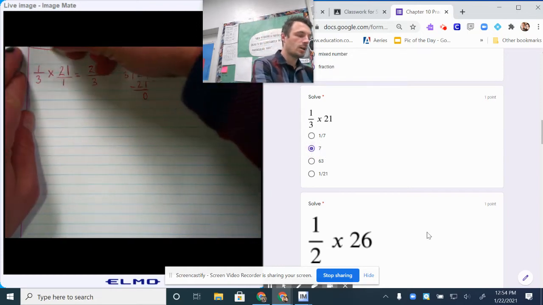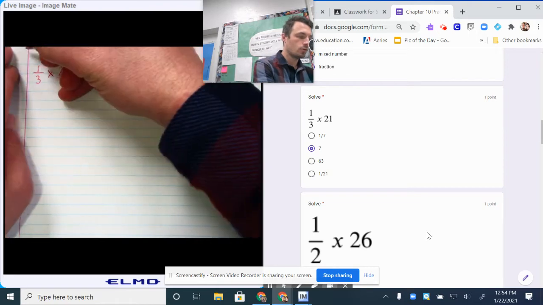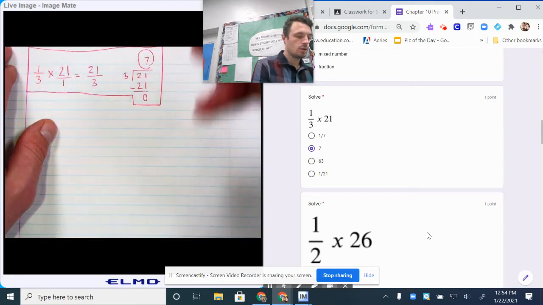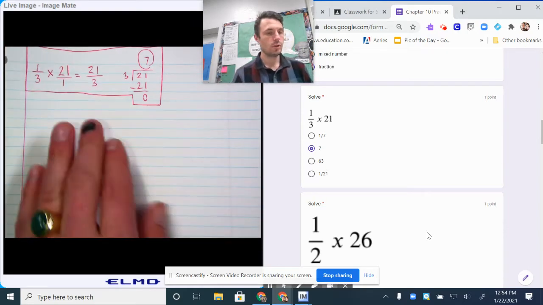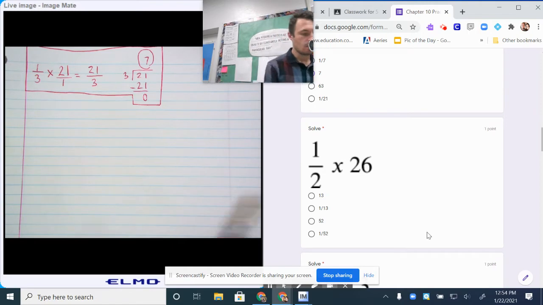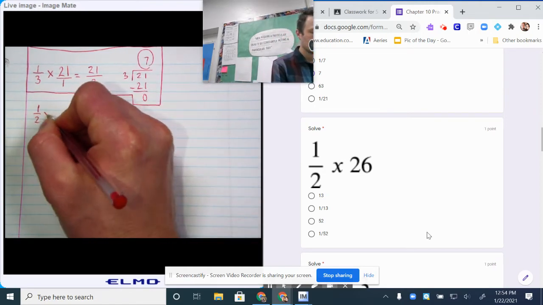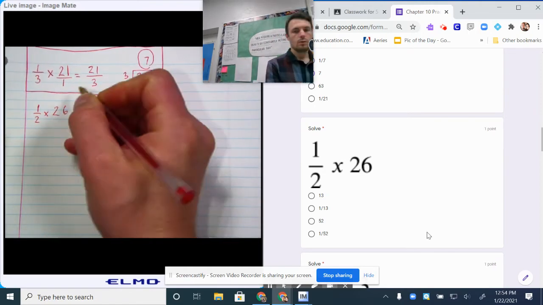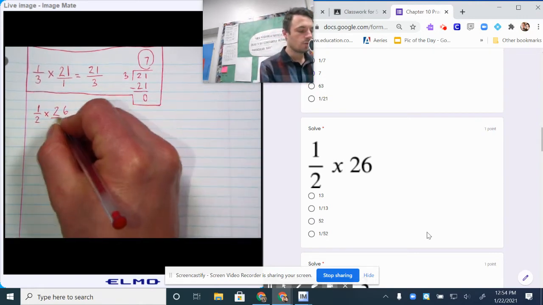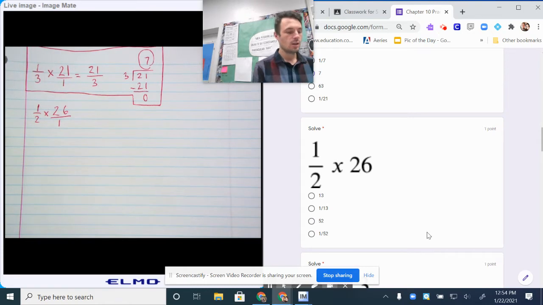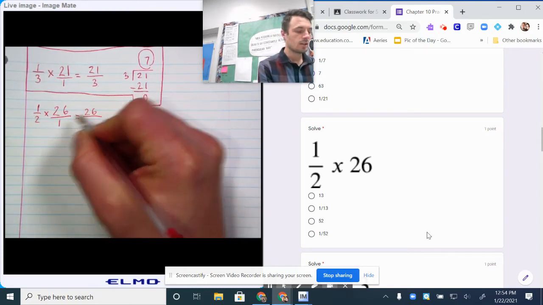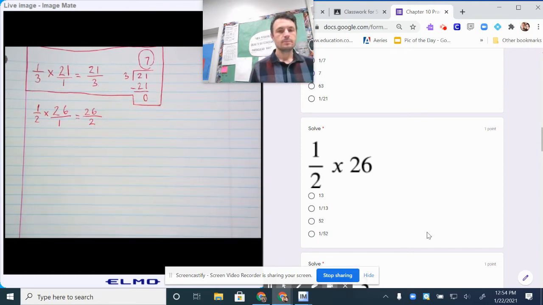Now you want to box off the work you did for the first question, and then you'll put your next bit of work right under it. It says 1/2 times 26. When you're multiplying a fraction by a whole number, the first thing you do is give the whole number a denominator of 1. Then you multiply straight across. 1 times 26 is 26. 2 times 1 is 2.